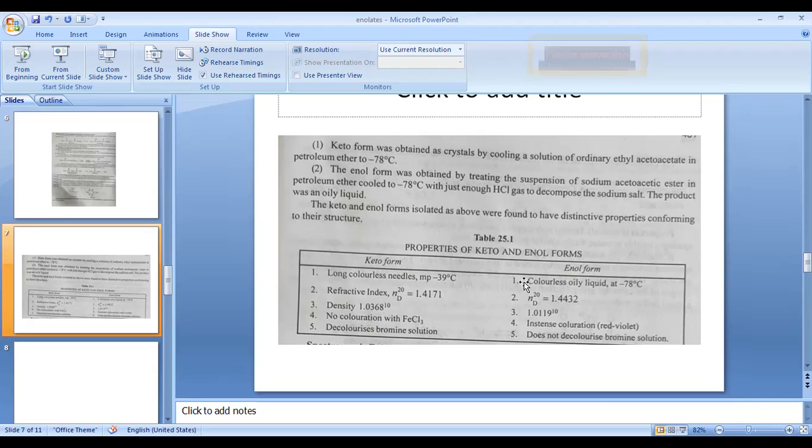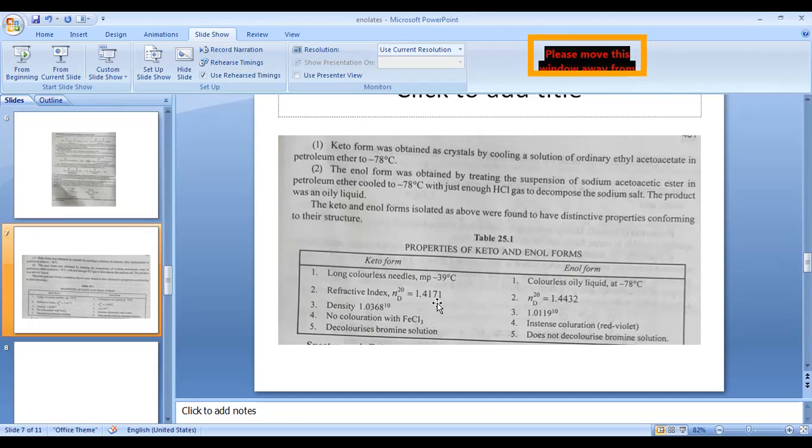These are the differences between keto form and enol form. Keto form: long colorless needles, melting point -39 degrees. Enol form: colorless oily liquid, -78 degrees centigrade.